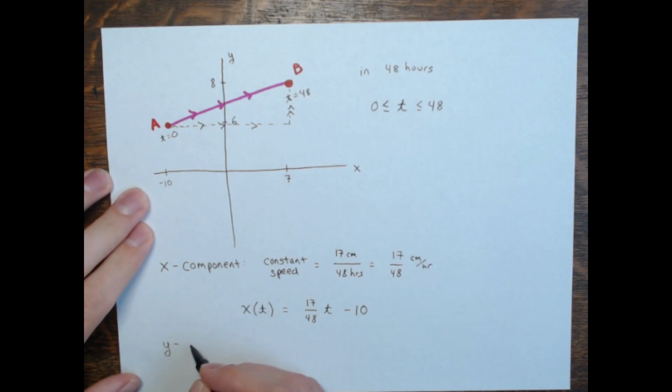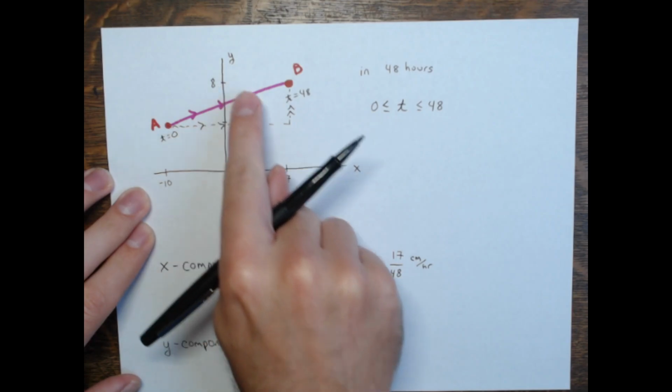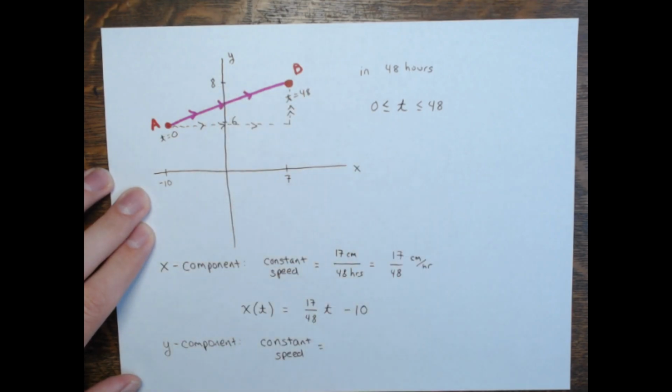And then in a very similar fashion, the y component, I'm going to do it the same way. Again, the particle is moving at a constant speed, constant rate, so the y coordinate should also be changing at a constant rate. And let's see, if I move from here to here, the y coordinate went from 6 to 8 over those 48 hours.